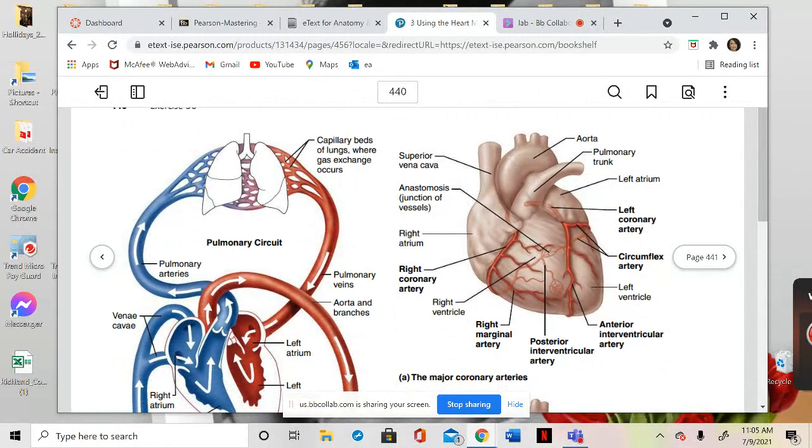So remember that we have two circuits, the pulmonary circuit and the systemic circuit.